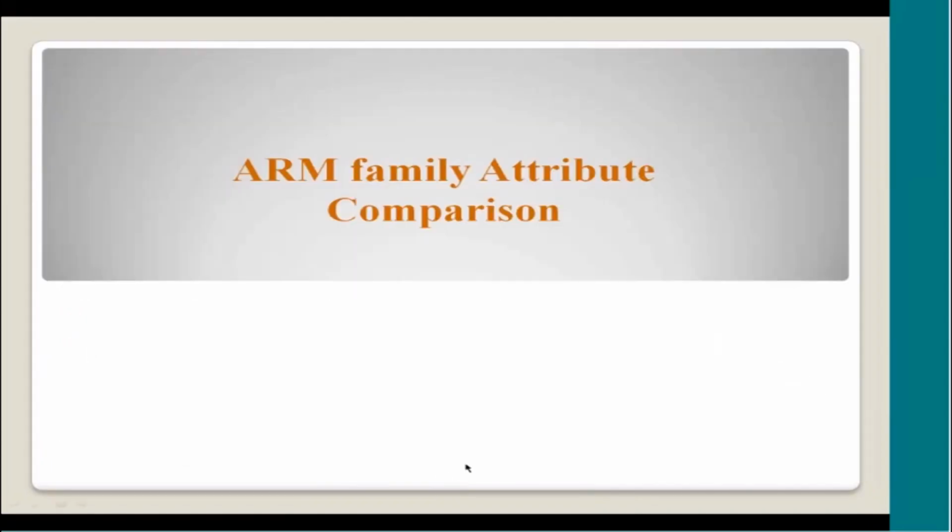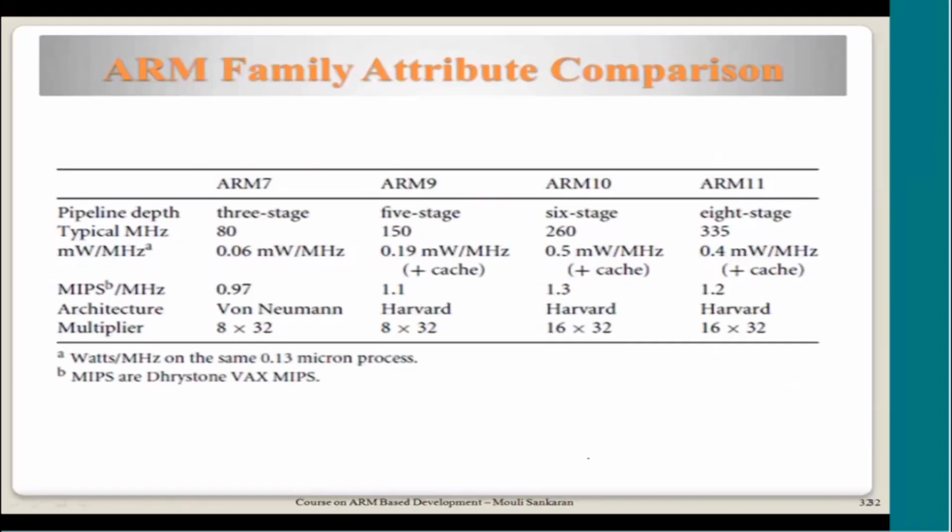We will be talking about the 5-stage pipeline of ARM9 in the next class, and I just wanted to give you a flavor of where the ARM family processors are going. You can see that the ARM10 family has a 6-stage pipeline and the ARM11 family has an 8-stage pipeline. So you can see that ARM7 is where the limitation stops, and going forward everything is in hardware. That means there are separate instruction and data memories, and there are multipliers with complex operations in the latest family.